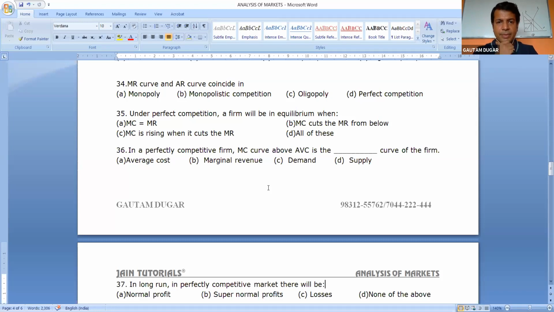36. In a perfectly competitive firm, this is a question about the short-term supply curve of a firm under perfect competition.